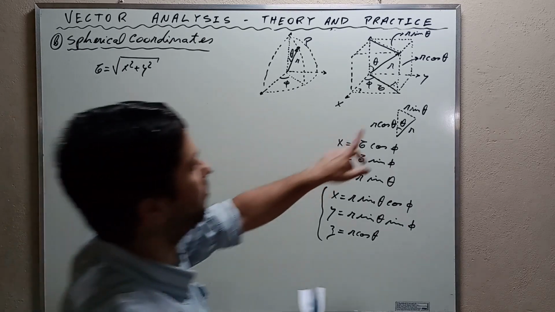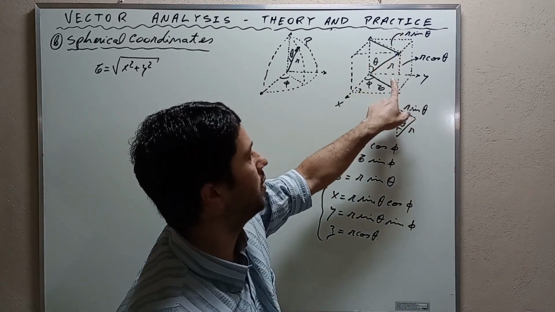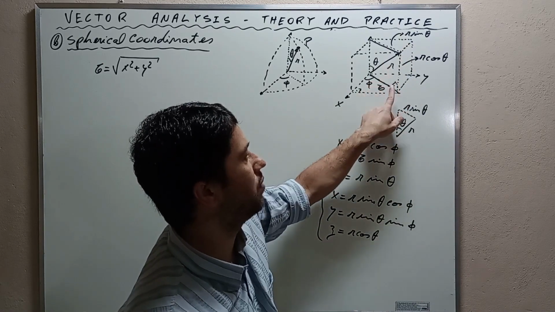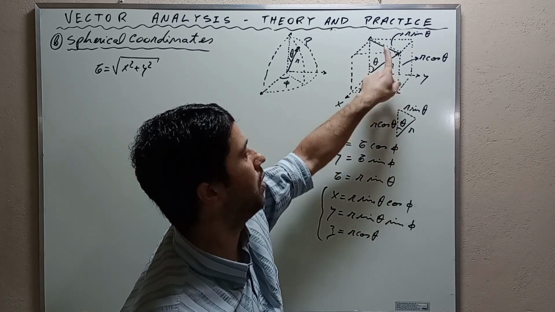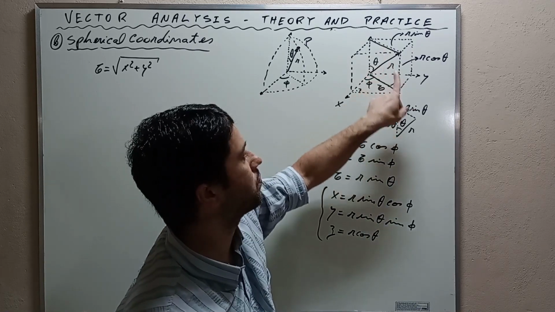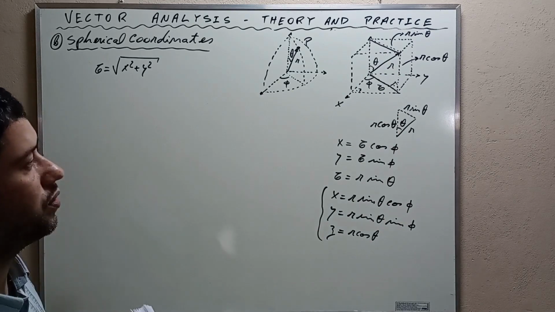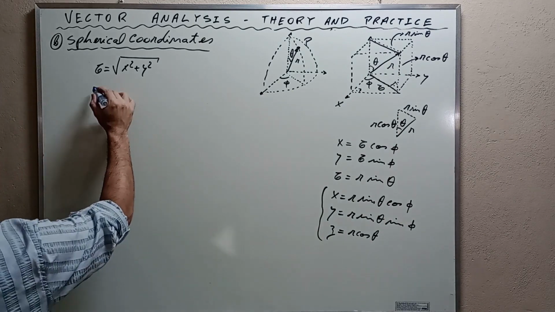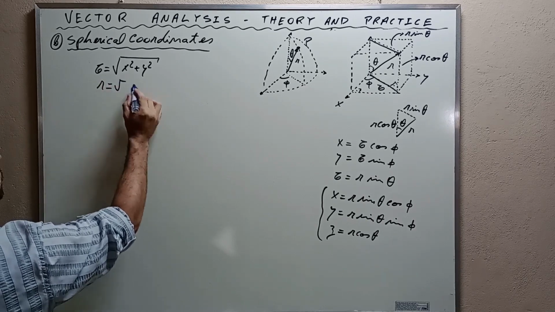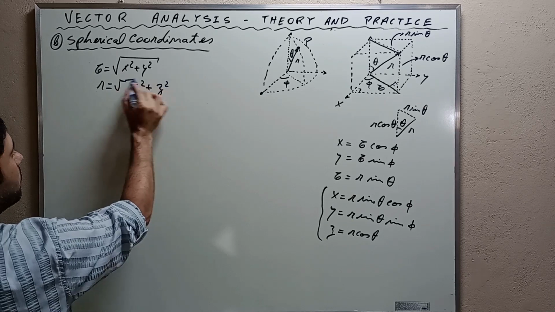Observe that this is z, okay? And now r, not tau anymore, tau is on the plane, and r is in space. r is the hypotenuse of the other right triangle. Therefore, r is equal to the square root of tau squared plus z squared.